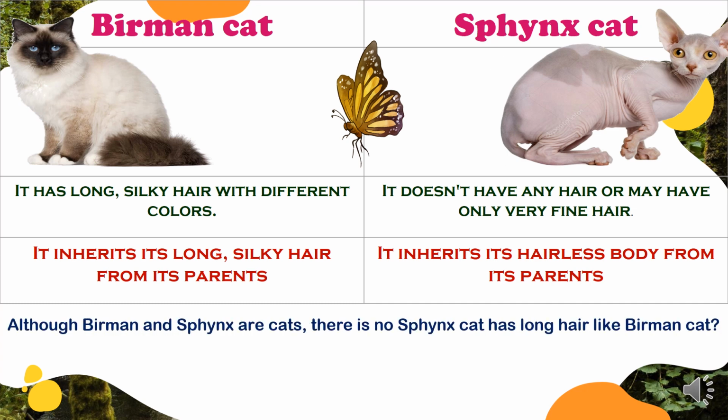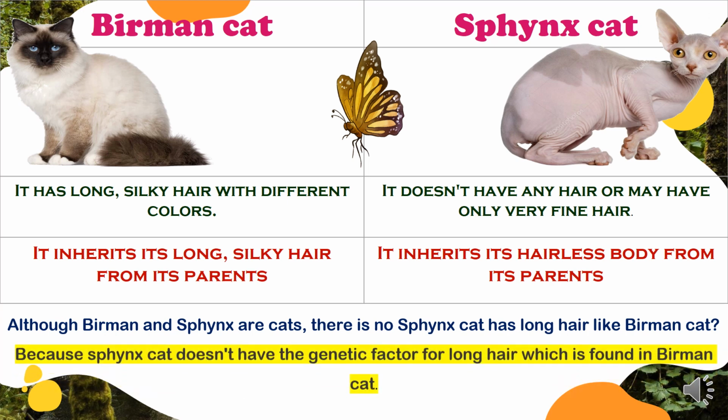So, if I asked you to give a reason why, although Birman and Sphynx are cats, no Sphynx cat has long hair like the Birman cat: because the Sphynx cat doesn't have the genetic factors for long hair which are found in the Birman cat.